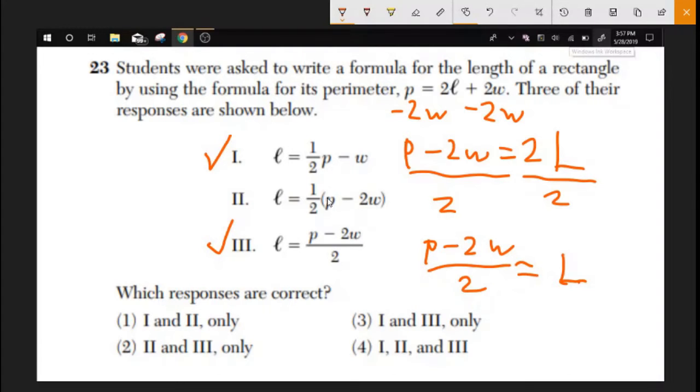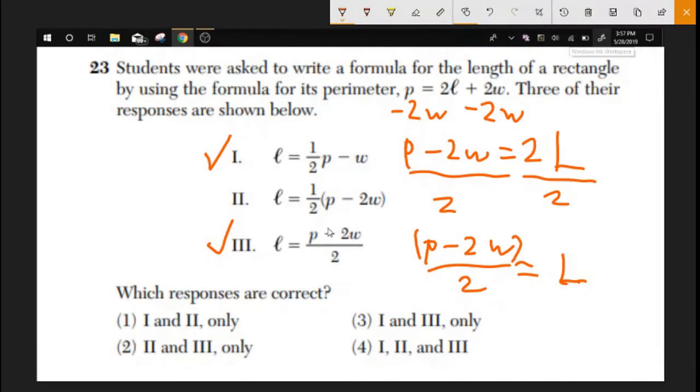How we would notice if this is correct is we look at our equation, and then we could probably realize that if we put these things in parentheses, dividing by a number is also the same as multiplying by a fraction. So you'd realize that this is the same thing as multiplying by half.